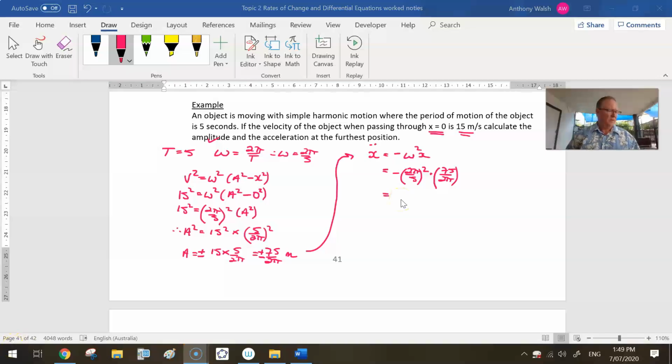All comes to negative 2 pi by 15, or negative 30 pi. Now its acceleration is in meters per second squared. The negative just indicates that it's in the opposite direction of what displacement would be. Excellent. Let's go to the next page.